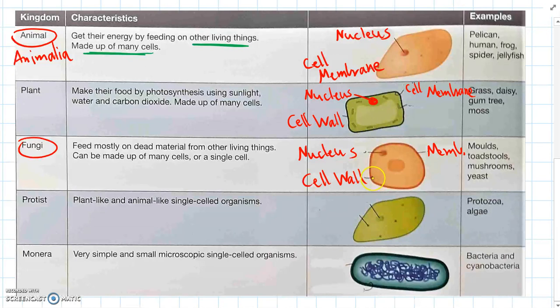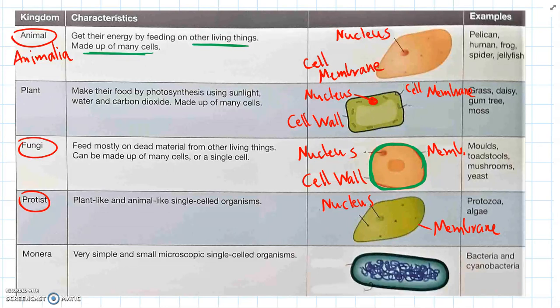But the cell wall in fungi is actually made of a different material compared to plants. Now looking at the protists, their cells have a nucleus too, but they don't have a cell wall. They have a cell membrane, just like animals.